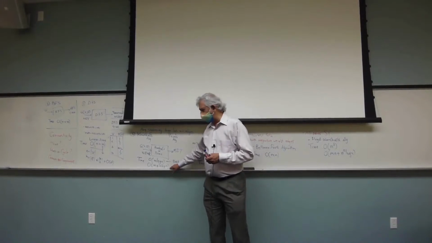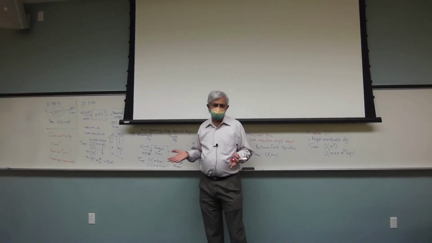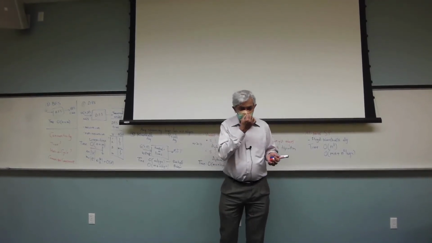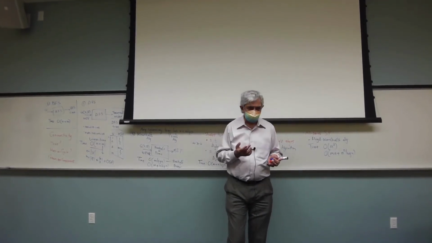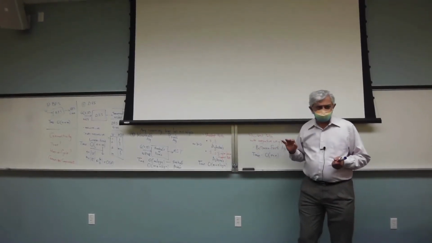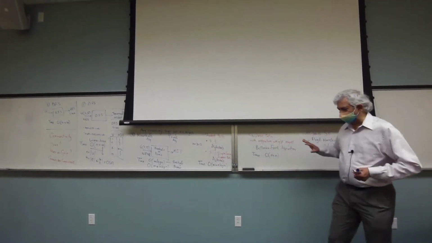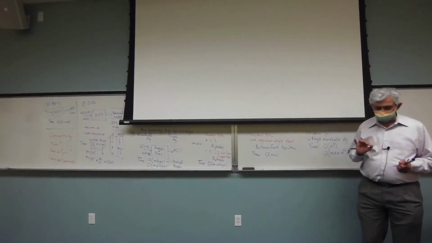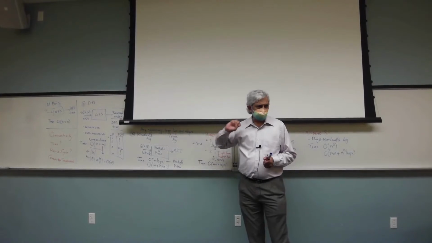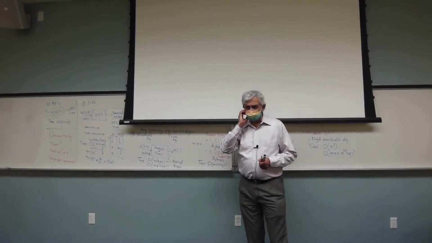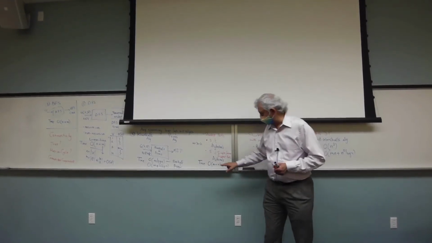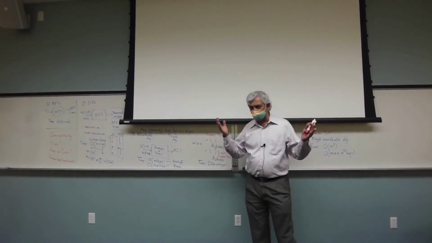And there, the best is m plus n log n. So it still has the number of edges to deal with. Then you have shortest path problems. You have single source shortest paths, and you have all pair shortest paths. In single source, the time complexity is the same as your minimum spanning tree algorithms, and it's roughly m plus n log n. And remember, m can be as bad as n squared.